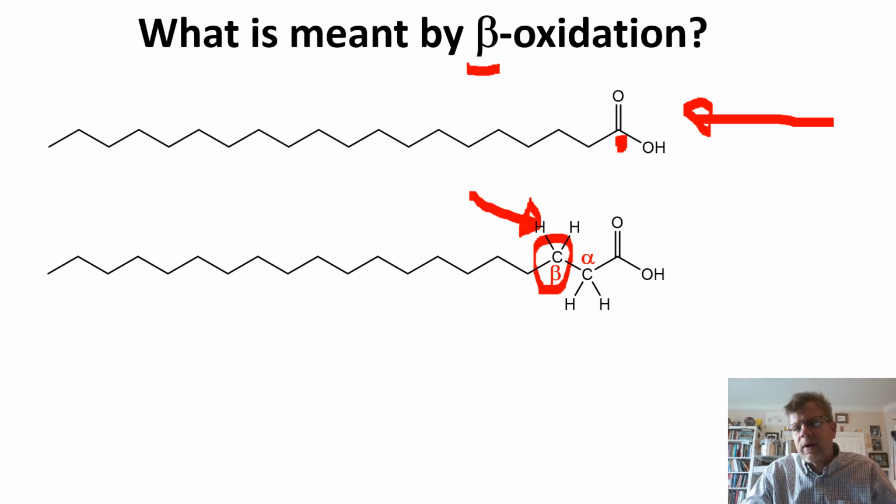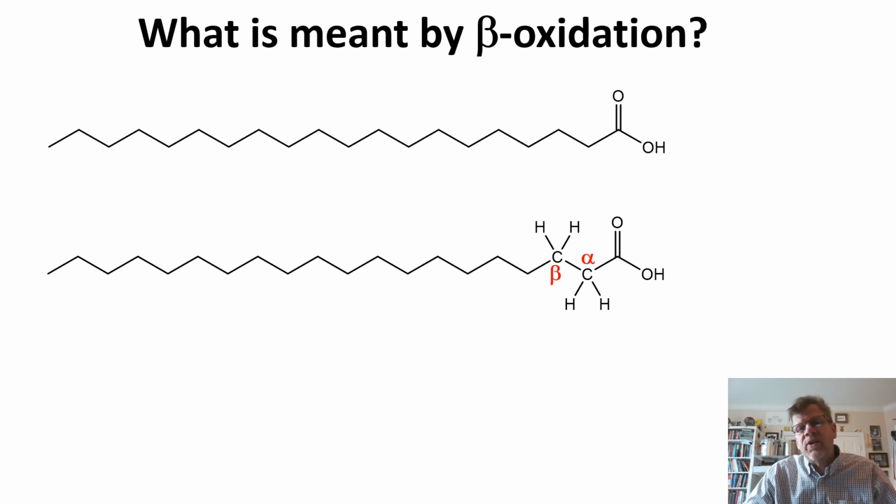What we mean by that is we're going to decrease the number of CH bonds at that beta carbon, and we're going to increase the number of CO bonds at that beta carbon. We're going to see that ultimately that is what happens in beta oxidation. So all eyes now are going to be on this beta carbon as we follow it through this process.